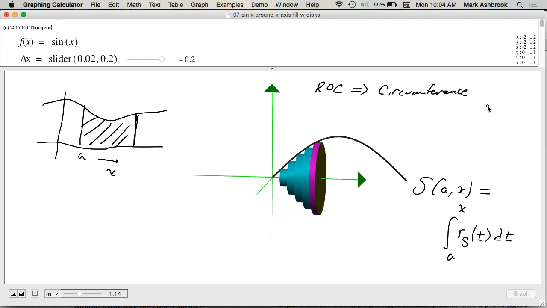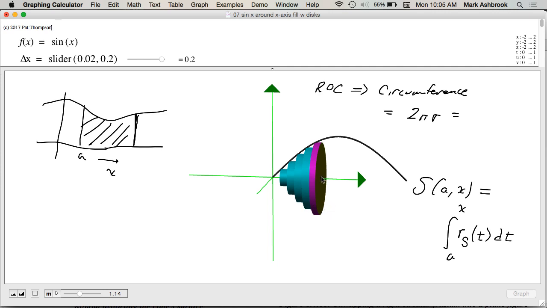And what is circumference? 2 pi r. And so in this case, what is r? Is it an x coordinate, y coordinate, big change in x, big change in y? What is the radius of that circle? Just the y coordinate, right?